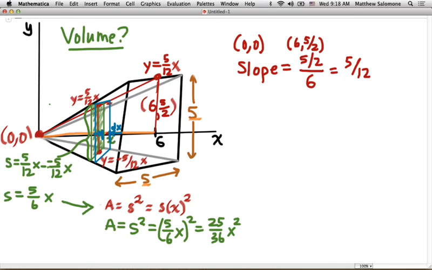So I've got this slice that has a little tiny bit of thickness that we call dx. And therefore, this slice is now going to have some teeny tiny bit of volume that we're going to call dV. So how do I find the volume of this slice, since now I know its area and I know its thickness? How do I get the volume of a slice if I know the area and the thickness?